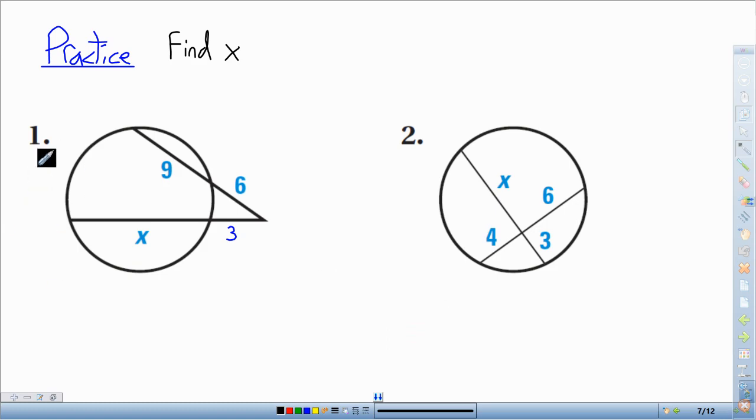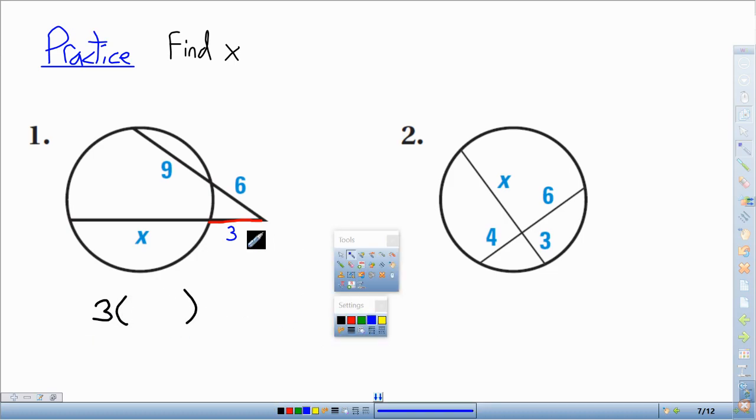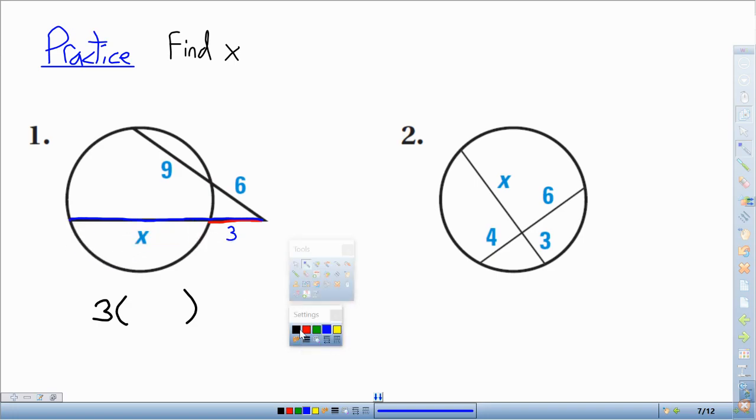All right, so on number 1 here, the first thing I would start with, normally I start with the one that has the variable in it. So I would start with this secant line. So I know I'm going to take this outer segment, 3, and I'm going to multiply it times the entire secant line, which is not x, it's x plus 3.